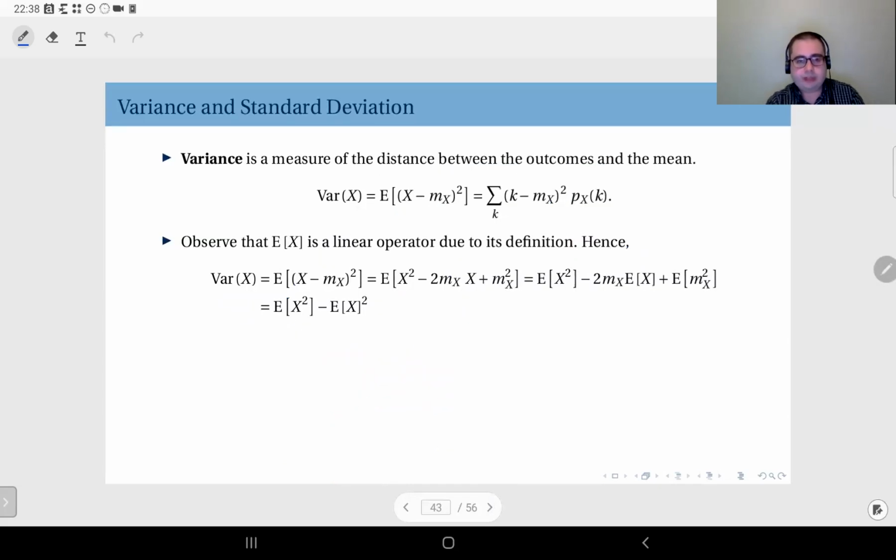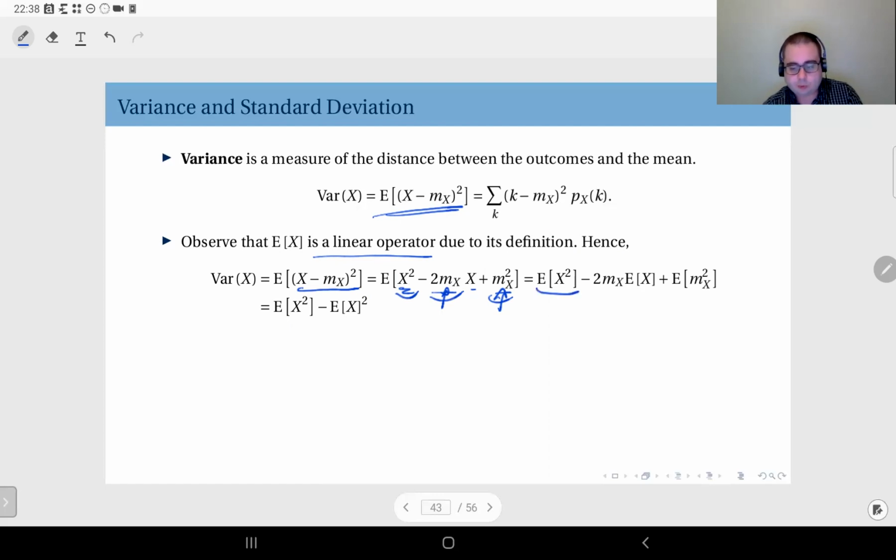Now, expectation, as I mentioned, is a linear operator. Therefore, if you expand the definition of variance, take this square and expand it: x squared minus 2m times x plus m squared. Here, m, the expectation, is a constant number. There are 3 terms here, so separate them because expectation is linear.